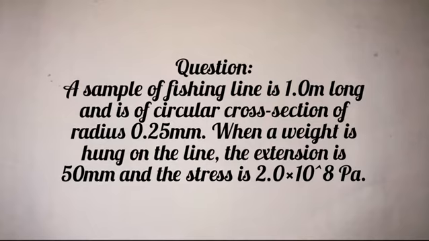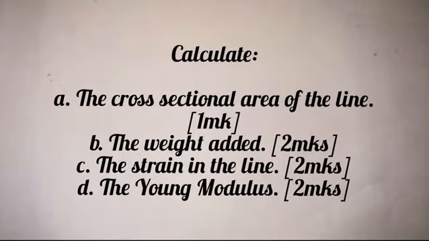When a weight is hung on the line, the extension is 50 millimeters and the stress is 2.0 times 10 to the power 8 pascals. Calculate A, the cross-sectional area of the line, B, the weight added, C, the strain in the line, and lastly D, the Young's modulus.